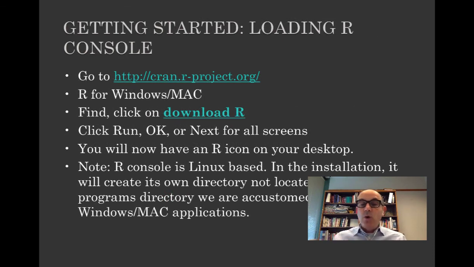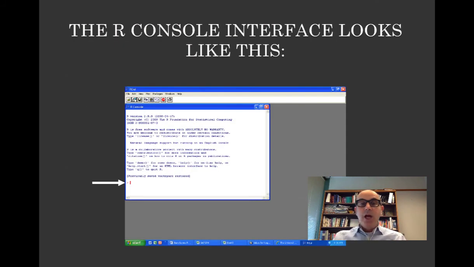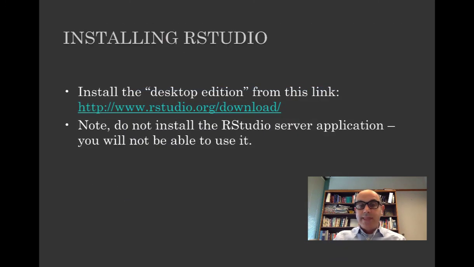So how do you get started with the console? You download the console from the link that I provided, and it will install, and it will not take a lot of space on your computer because it's basically a Unix programming language. It will look something like that, but you will need to type very closely in order to do the application.